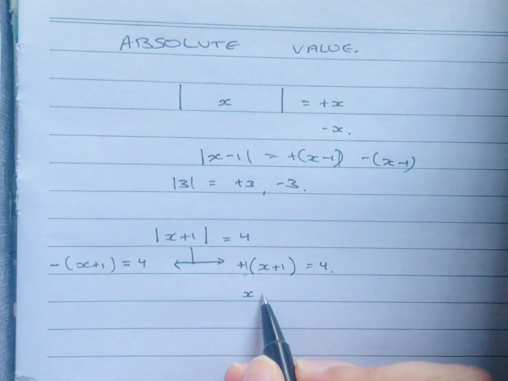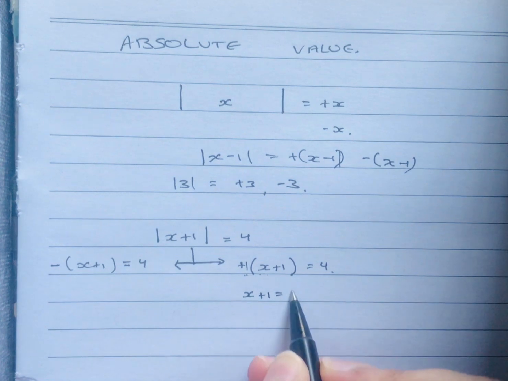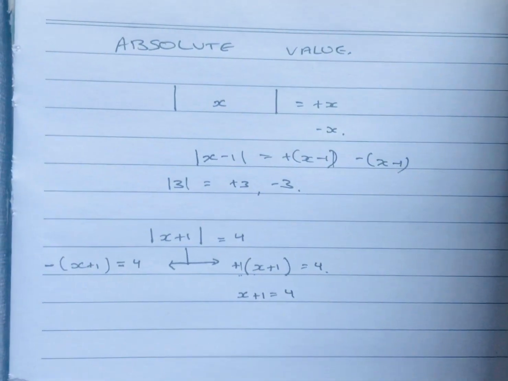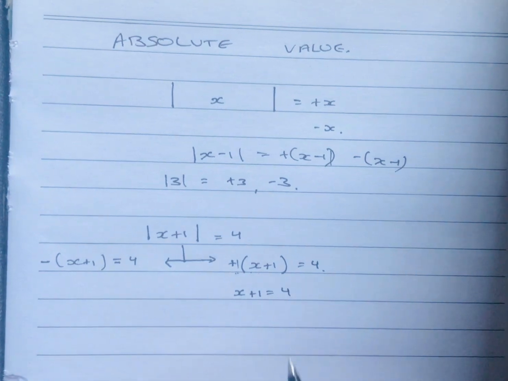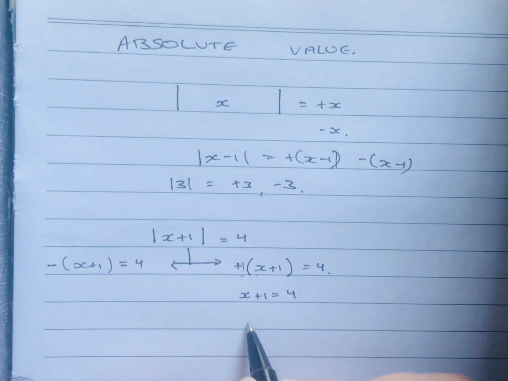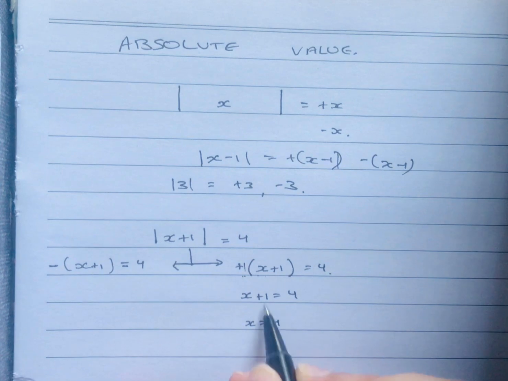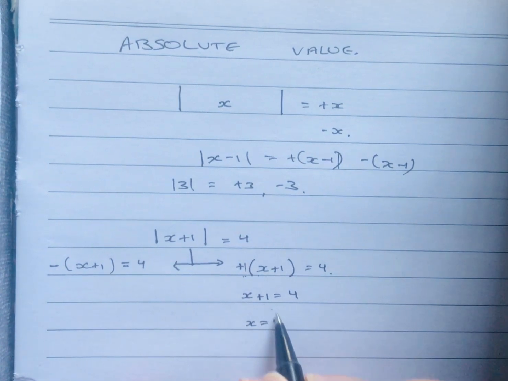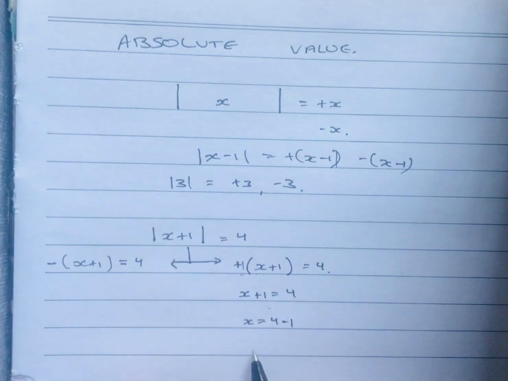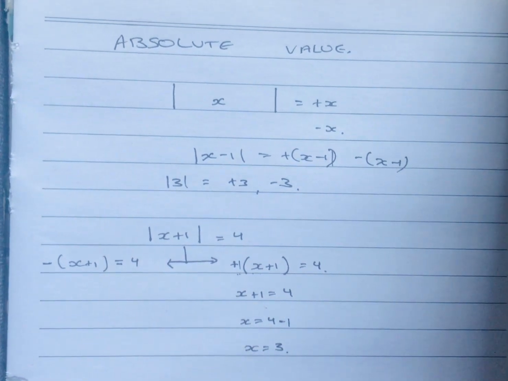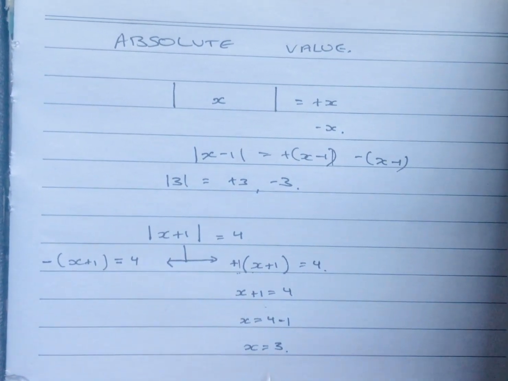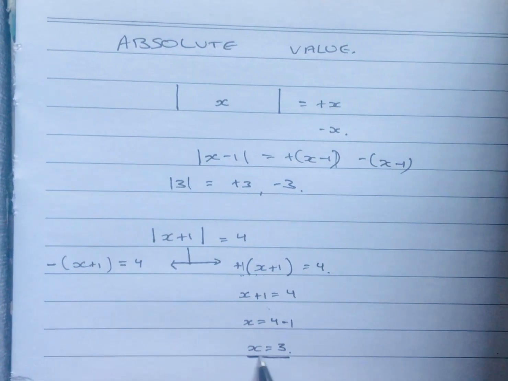Positive 1 times positive 1 is 1. x plus 1 is equal to 4. That remains the way it is. So this is simple algebra. You're gonna collect the like terms, so you leave x on one side and take the 1 to the other side. Because it's plus 1, it will become minus 1, and now you have x is equal to 3. So this is your first answer.